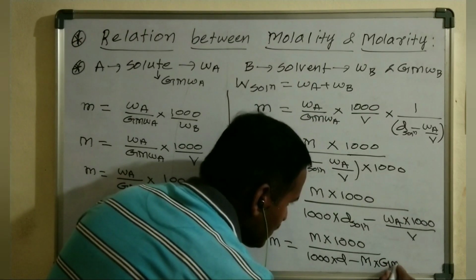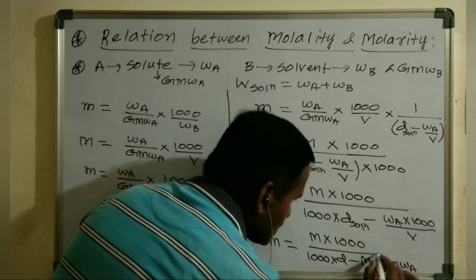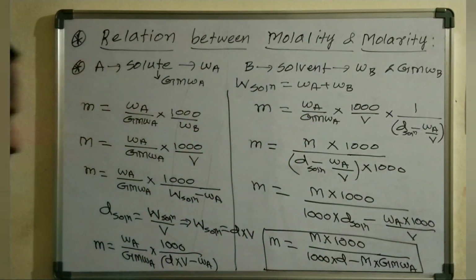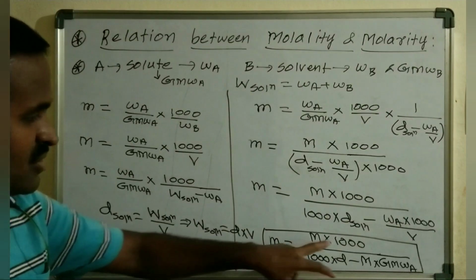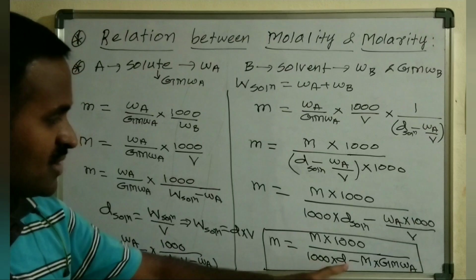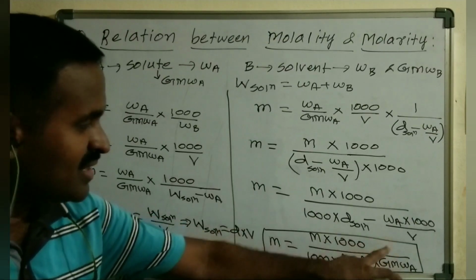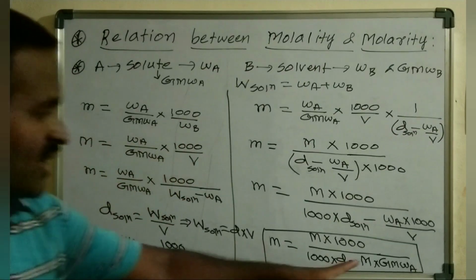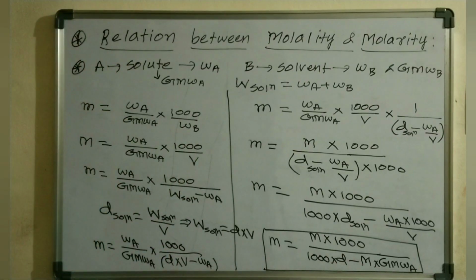So this is the relation between molarity and molality: small m equals capital M into 1000 divided by 1000 into density of the solution minus molarity into gram molecular weight of solute.